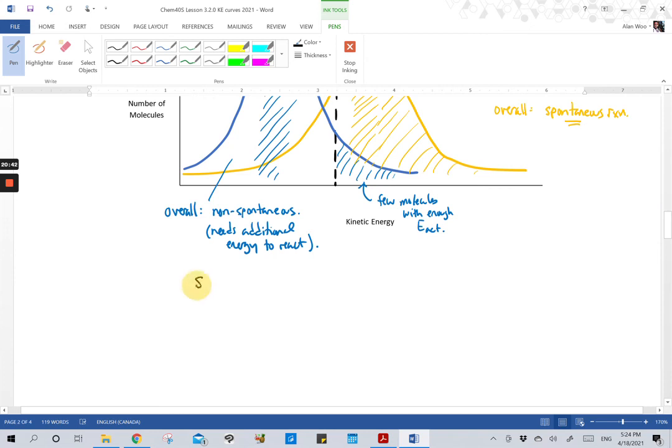So summary-wise, if the peak of that curve, of your KE curve, is to the left of the energy threshold, or activation energy, then the reaction is non-spontaneous.